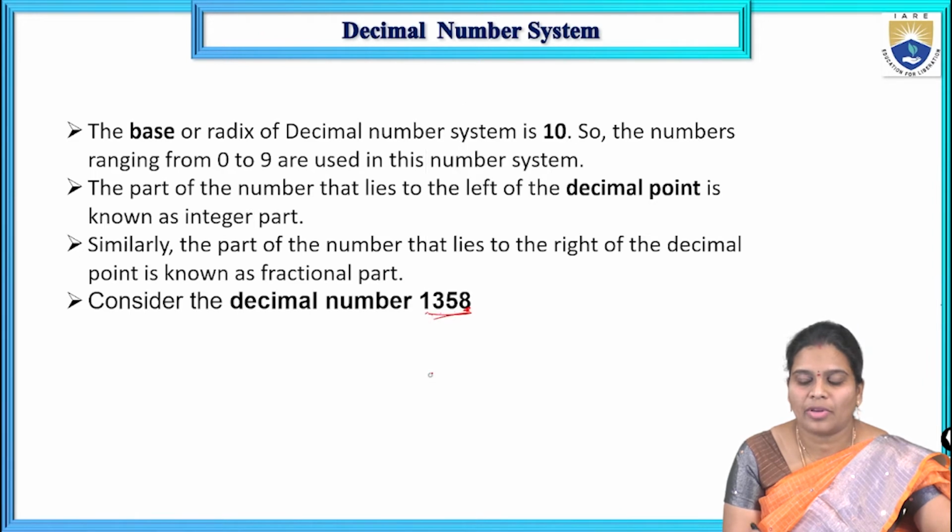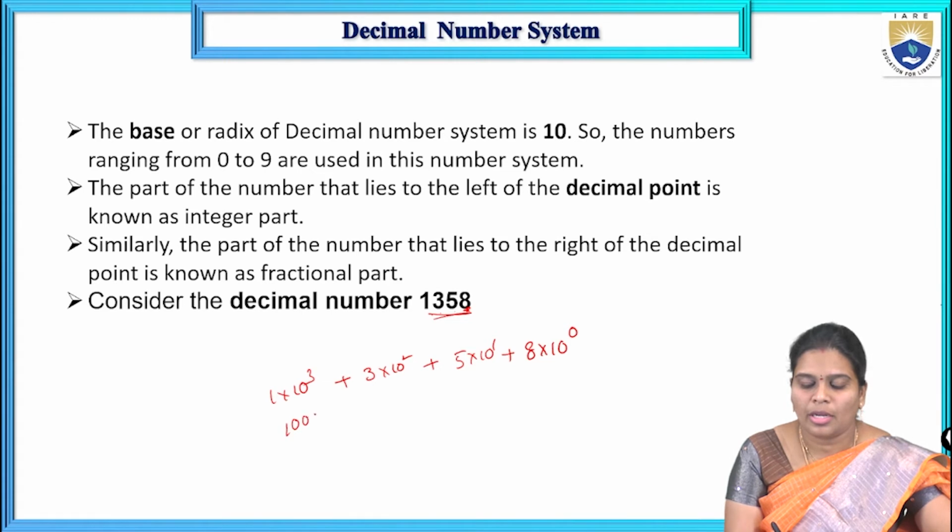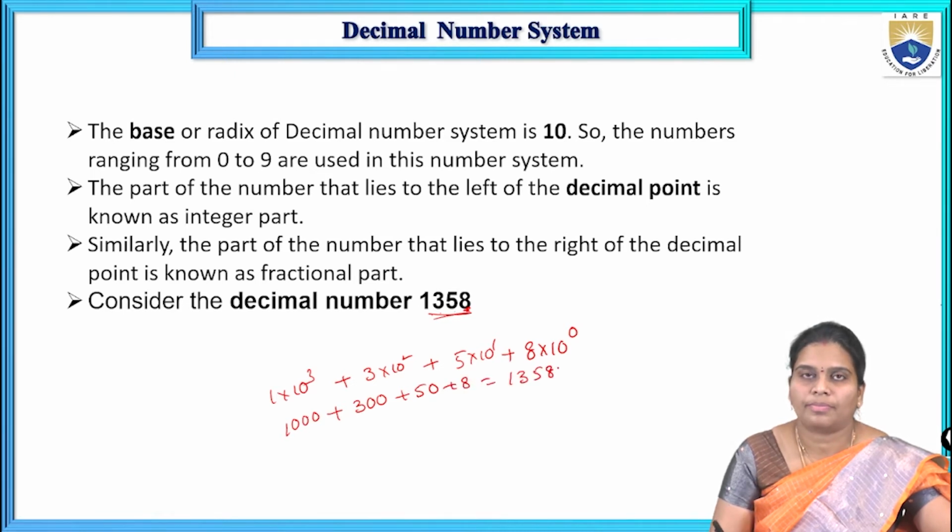So we write 8 into 10 power 0 plus 5 into 10 power 1 plus 3 into 10 power 2 plus 1 into 10 power 3. This is the weight of that particular number. So 1000 plus 300 plus 50 plus 8.